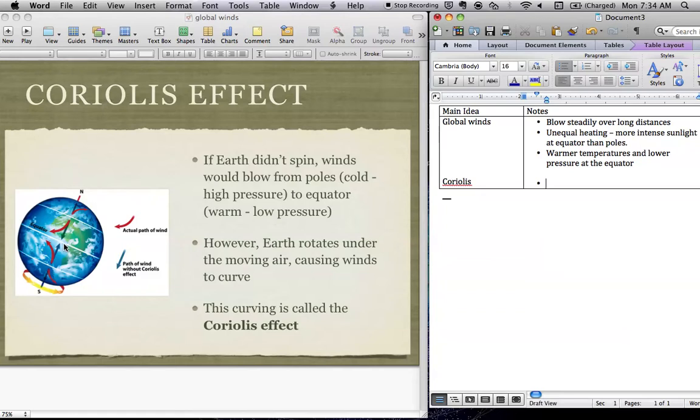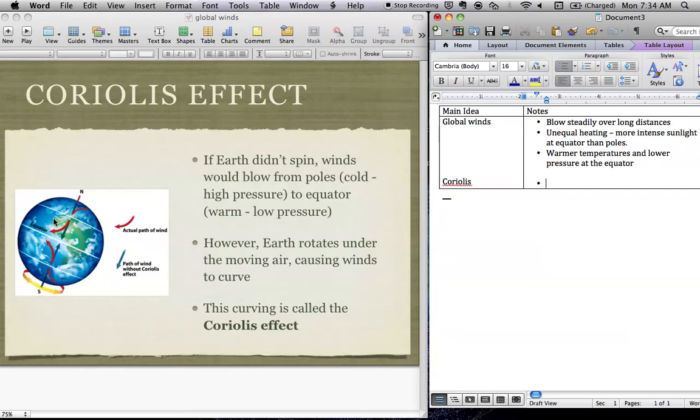But underneath the atmosphere, underneath this moving air, the Earth is spinning and it's rotating. And what this means is that the winds end up curving on the Earth's surface. So as the Earth rotates beneath, the wind is trying to go straight south or straight north, but as it tries to go that way, the Earth literally moves underneath it.